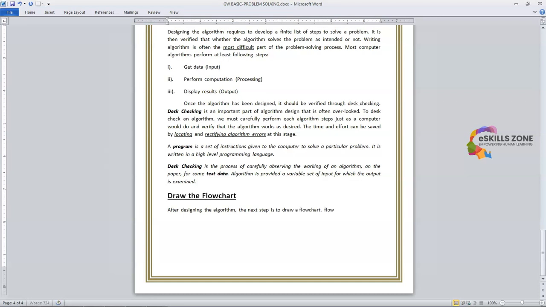A flowchart in fact maps the algorithm to a pictorial representation which helps in understanding the flow of control and data in the algorithm.